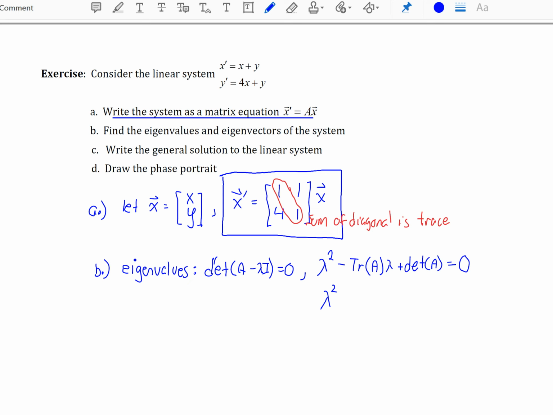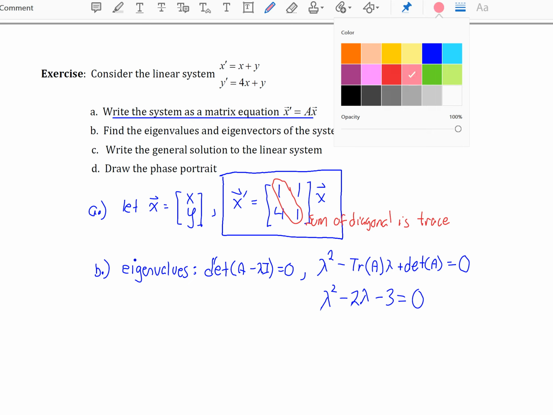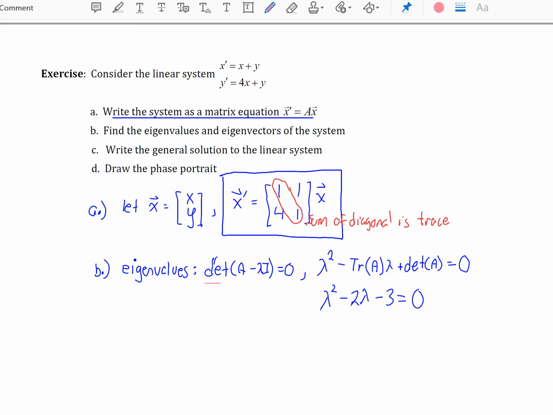It's the sum of that main diagonal. So minus 2 lambda plus your determinant, and your determinant is the product of your main diagonal, minus your off diagonal. So 1 minus 4 would be minus 3 equals 0. If you'd prefer using our previous approach for finding your eigenvalues, then feel free to use your previous determinant for finding those. However, this is an alternative approach.